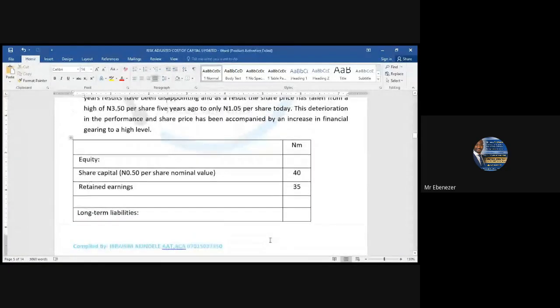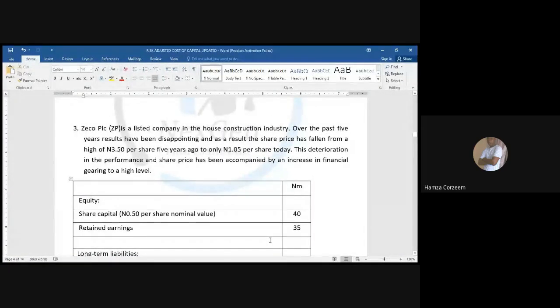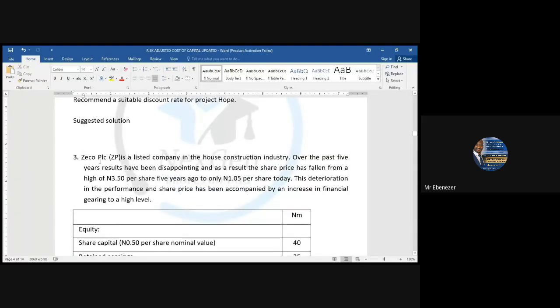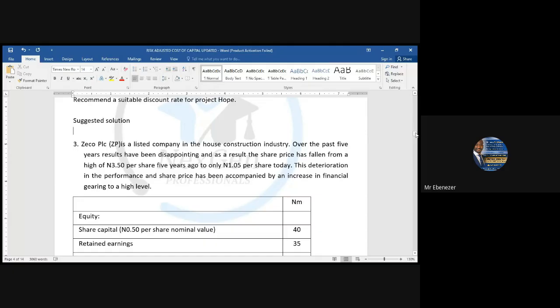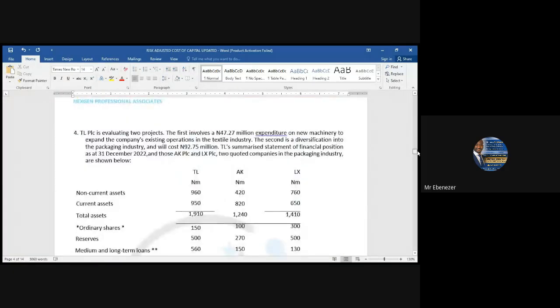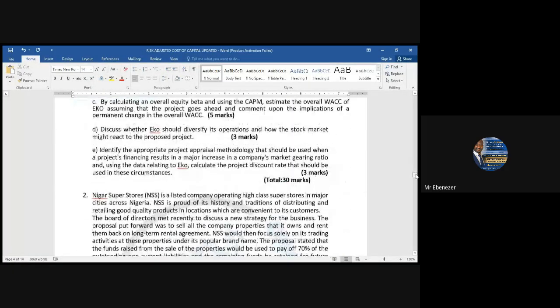Sir, the material has not been given to us. Oh, that's true. Apologies, I thought it's cost of capital. Okay, let me quickly add it now.